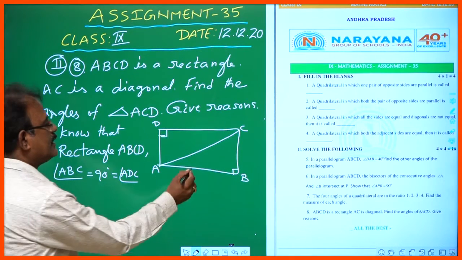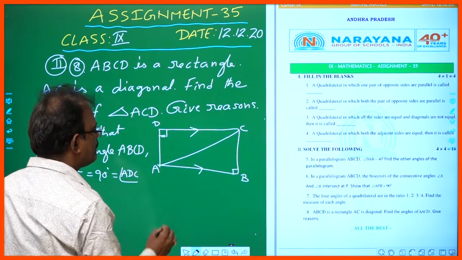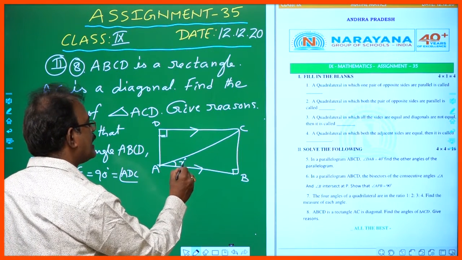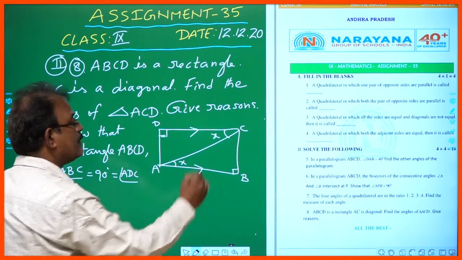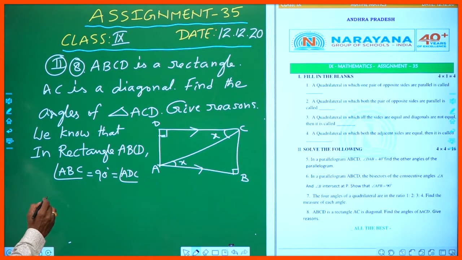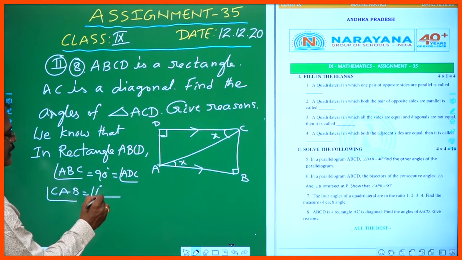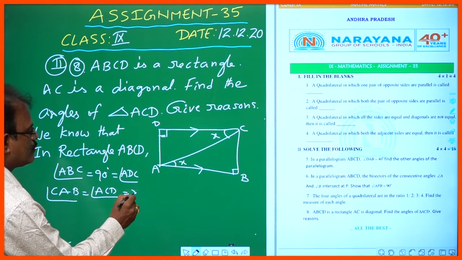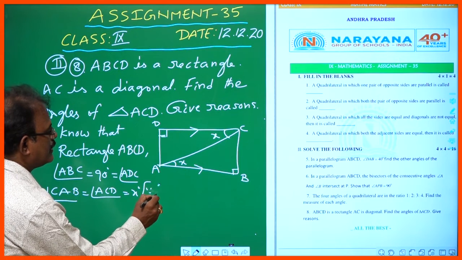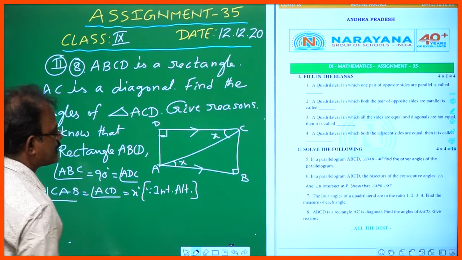And one more thing, these two are parallel and this is a transversal. So if it is angle X, then this is angle X because of alternate interior angles. So angle CAB is equal to angle ACD is equal to X from alternate interior angles.